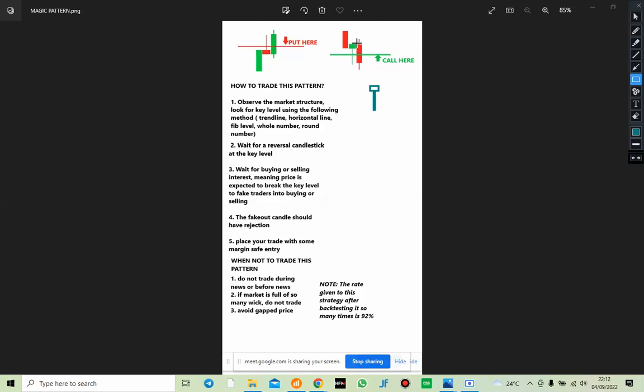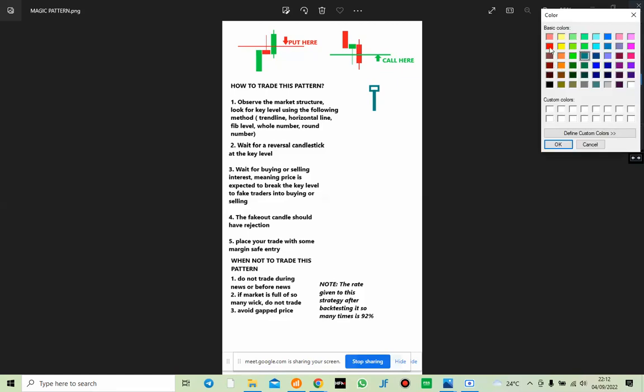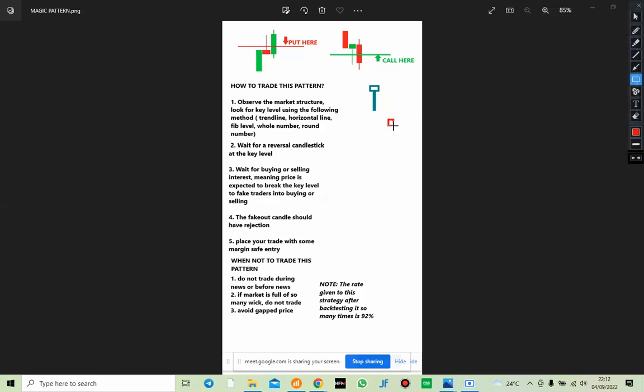If you combine this green candle with this red, what it will give you is something like this, an inverted hammer.